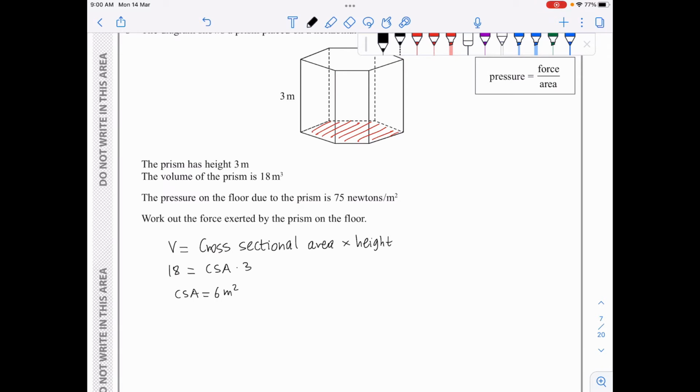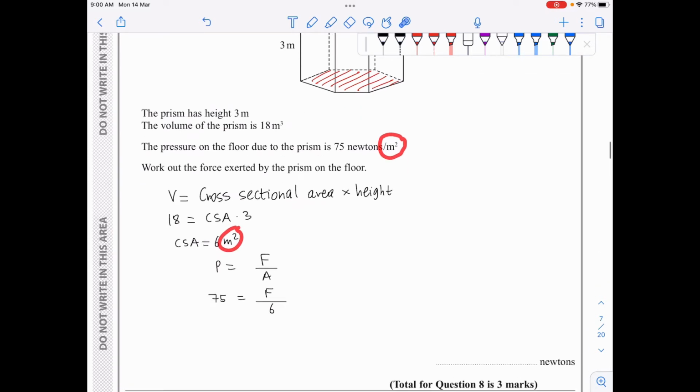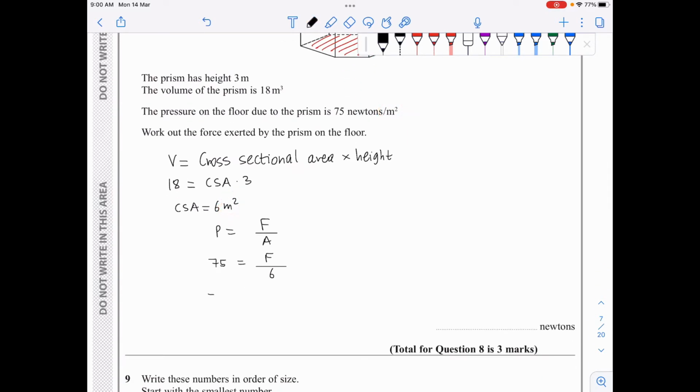So I can go now to the pressure is force over area formula, substitute pressure with 75, the force is what I'm after, and the area is 6. I notice that I don't have a problem with units, everything is in square meters. So 75 times 6 is the force. Now 75 times 6 is 450. So it's gonna be newtons, 450 newtons for this question.